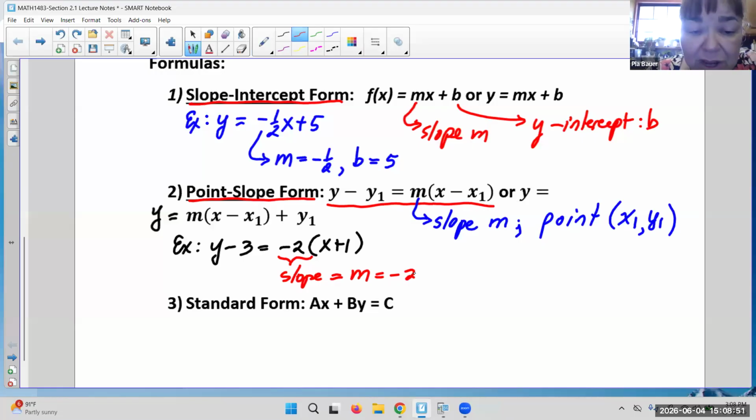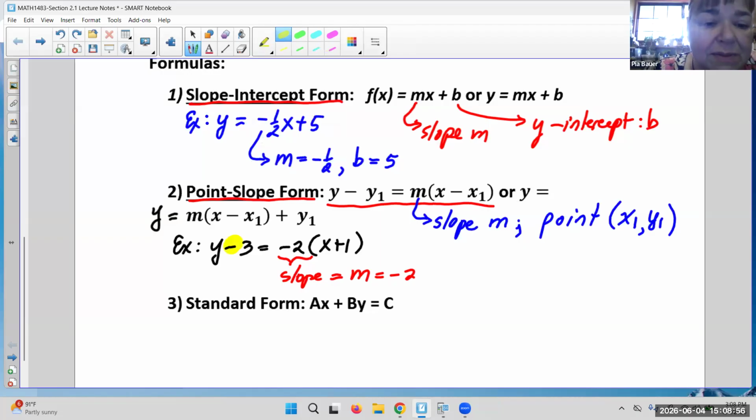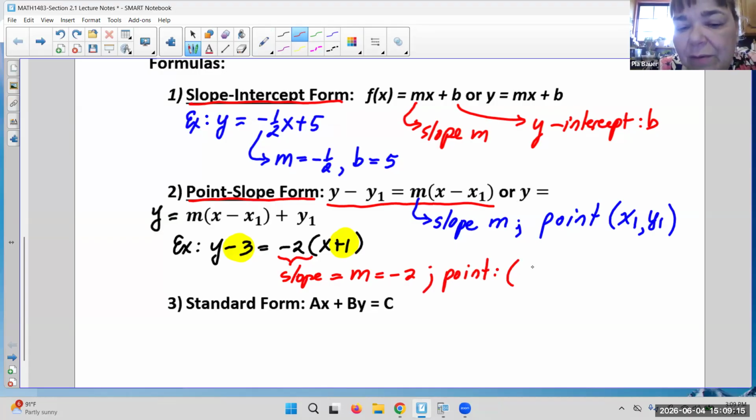From the equation, we have to be careful because we have to take the opposite of -3 for the y value and the opposite of +1. So for x, it will be -1, the opposite of the +1. And for the y, it will be +3, the opposite of that y value.